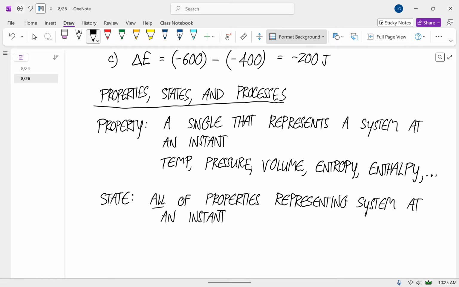So you could measure the temperature in this room. You could measure the pressure in this room. Those are all properties. But this room is defined by all of the measurements that you could imagine taking. This room just has one state at this instant. And so we'll talk about the temperature property at this state versus the temperature property at that state, or whatever.